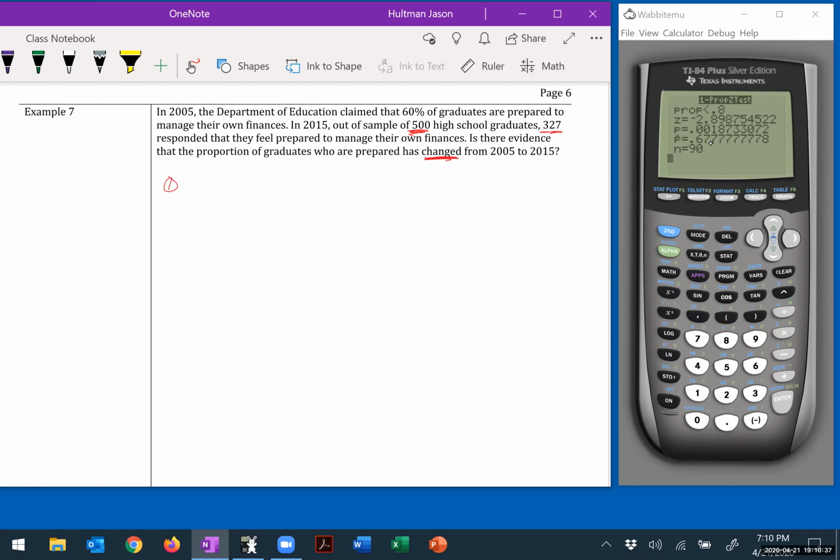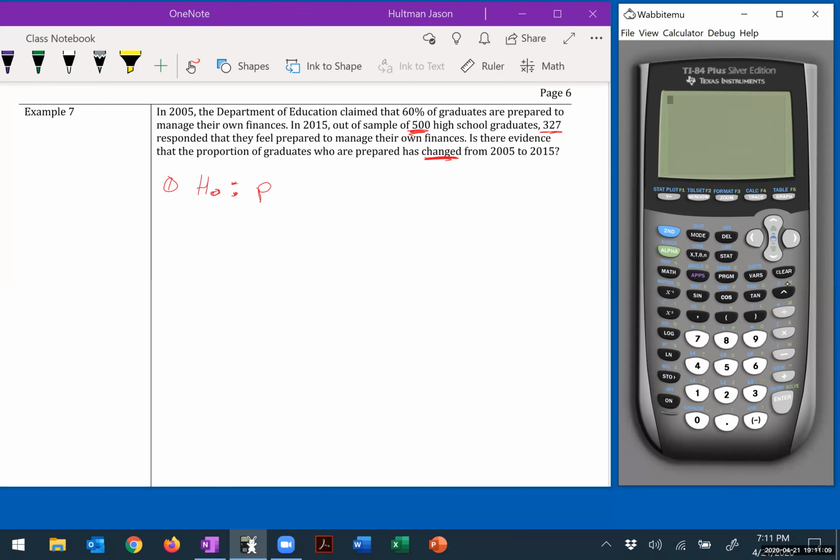Number 1, let's write our null and our alternative. What's our null? What's our H sub 0? We're comparing this against the claim. So our parameter is P because it's a proportion.